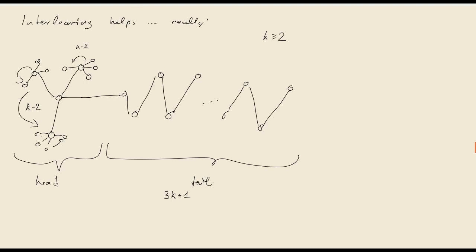You can convince yourself with a little diligence that the smallest vertex cover for this graph with parameter k has 5 over 2 k minus 3 over 2 vertices.